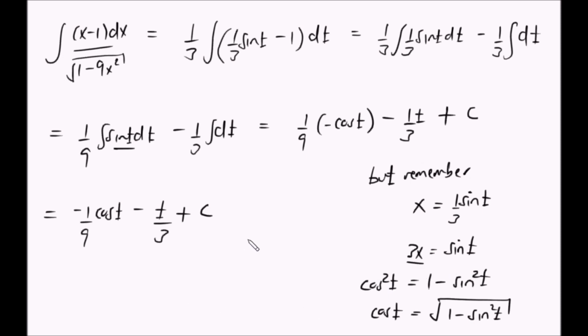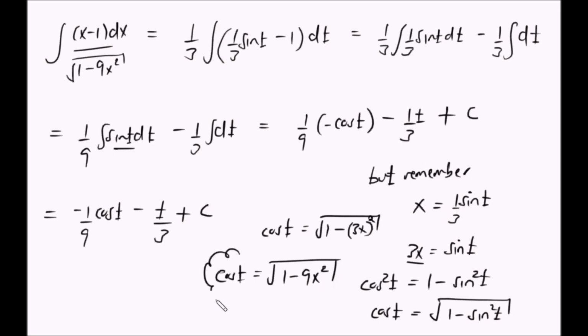So cos t itakuwa ni sawa na the square root of 1 minus 3x squared. So nikisquare 3x nitakuja kuona kwamba cos t itakuwa ni sawa na the square root of 1 minus 9x squared. So hii ni cos t, okay?